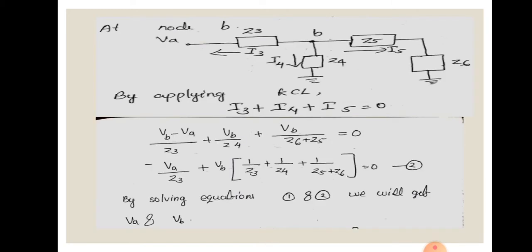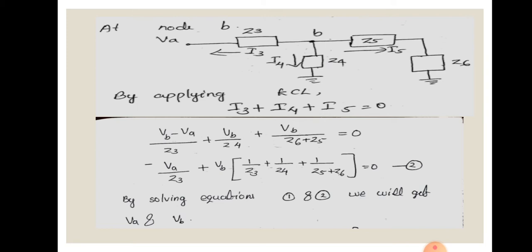Next we will consider the node B. You have to mark the node voltage as VB, and then mark the branch currents, with all branch currents leaving the node B. You can apply Kirchhoff's current law, which gives I3 plus I4 plus I5 equal to 0. Here there are no current sources, so you equate it to 0.